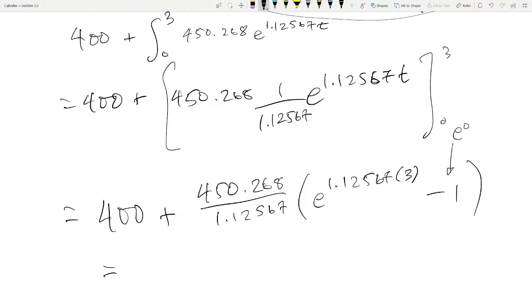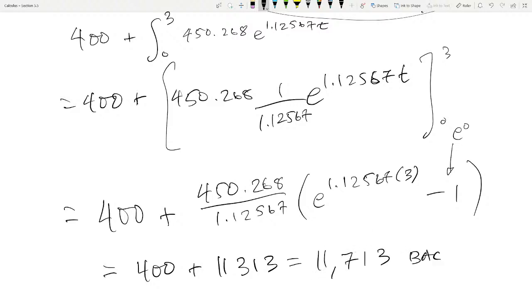Then you can put that in your calculator. I already have, so I will give you what I have here. It looks like 400 plus 11,313, and so we've got 11,713 bacteria. You could say this is approximate.